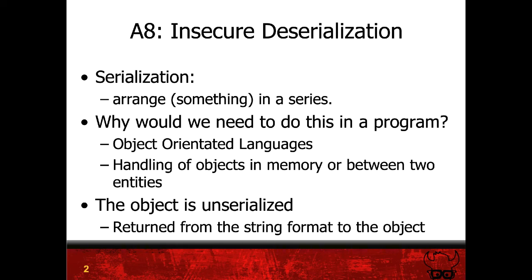One of the problems with this is that very often that serialization activity was assumed to be performed in parts of the system that a user can't get to, right? Up on the app server, it's serializing and deserializing. But as we've moved to modern systems, very often that serialization and deserialization happens somewhere between the client and the server, right?